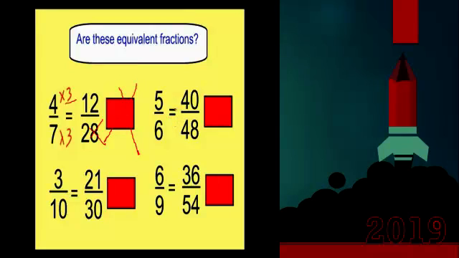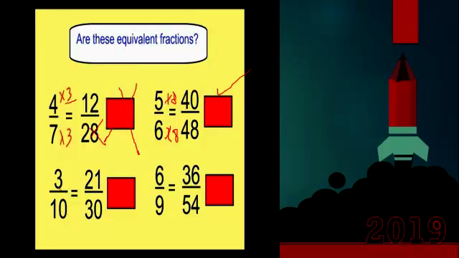Second example, 5 over 6. 5 to become 40. How many times 5 gives me 40? Yes, it's 5 multiply 8. So I'll try to multiply 6 by 8. 6 by 8 gives me 48. Yes, so this is the correct one. So I can say 40 over 48 is equivalent to 5 over 6.